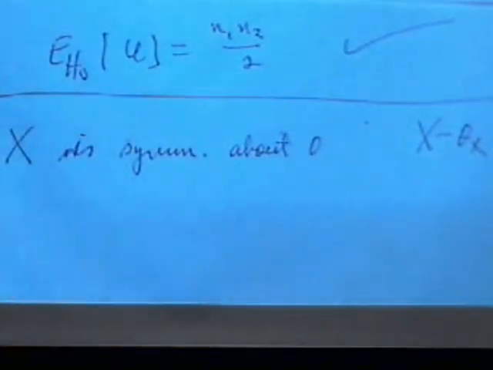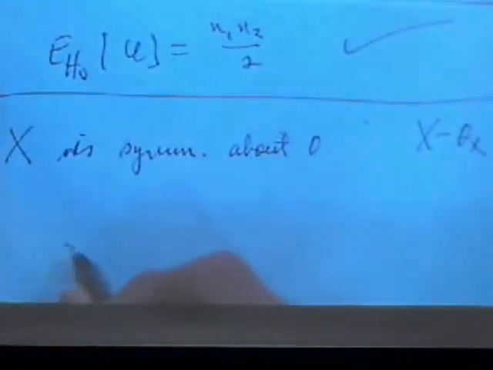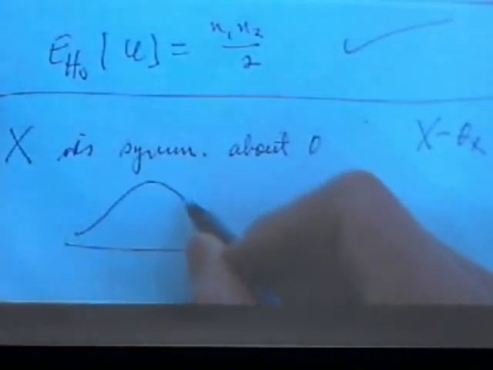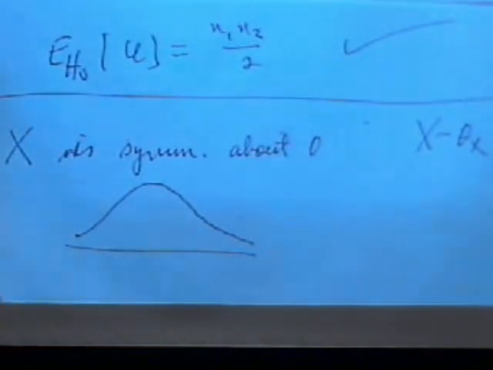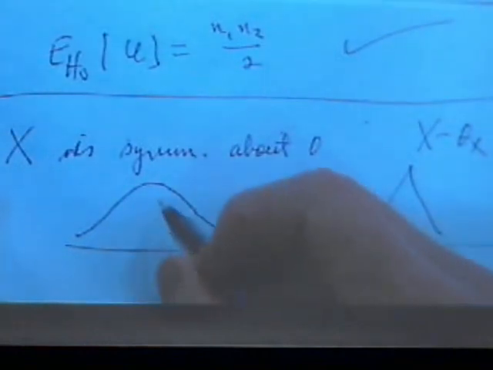You don't want to use 0, you'd have to use X minus theta X, and you get all tangled up with that. So then your distribution does look like this. Well, it doesn't have to be bell-shaped. It could be like this, or it could be uniform. So there's a point of symmetry.